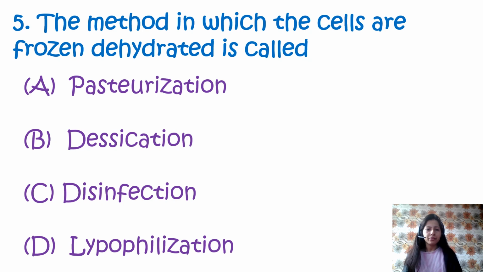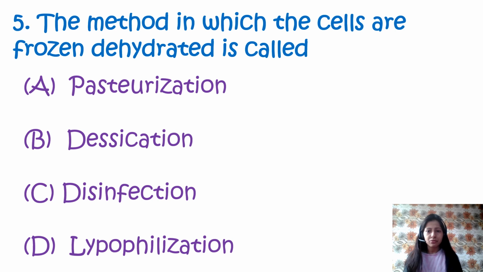Question number 5. The method in which the cells are frozen and dehydrated is called option A pasteurization, option B desiccation, option C disinfection, option D lyophilization.